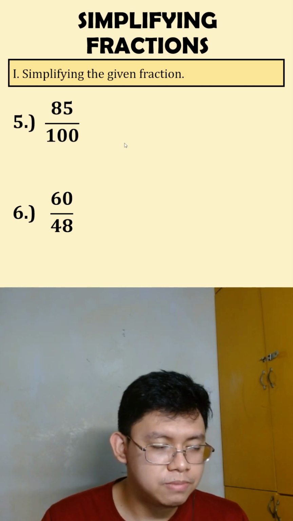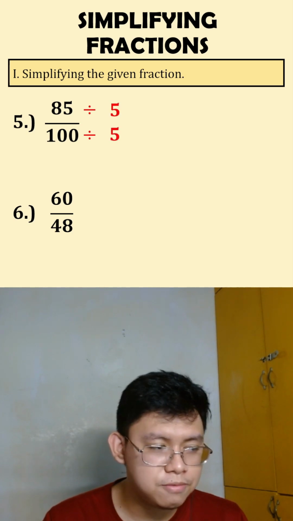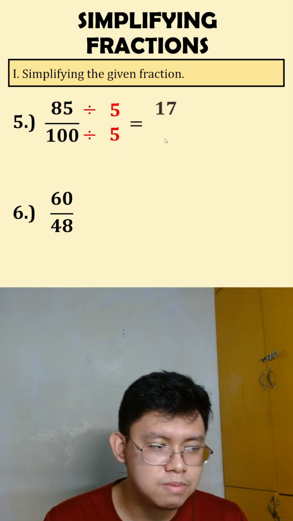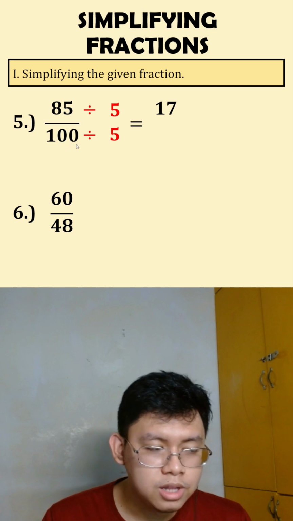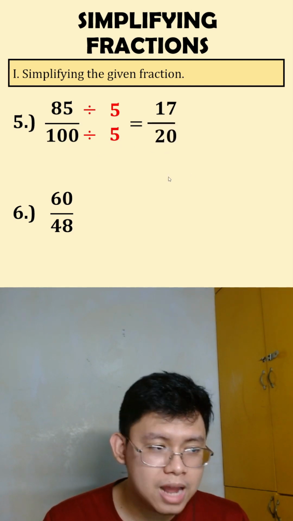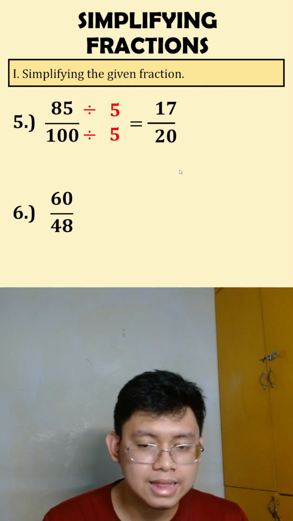That will be 5. So, they are both divisible by 5. So, let's divide both numerator and denominator by 5. 85 divided by 5 will be 17. 100 divided by 5 will be equal to 20. So, yung fraction natin, that will give us 17 over 20.